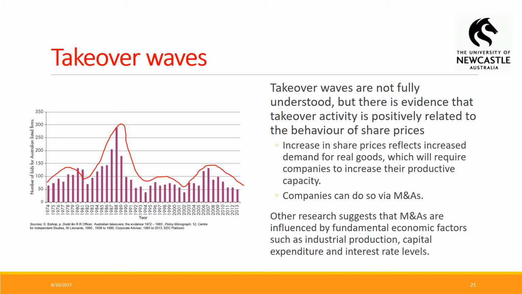So one explanation here is when share prices increase, the prices of goods or services increase as well, and therefore firms need to increase their productive capacity, right? So one way to do that is to buy existing assets in different companies. Right?